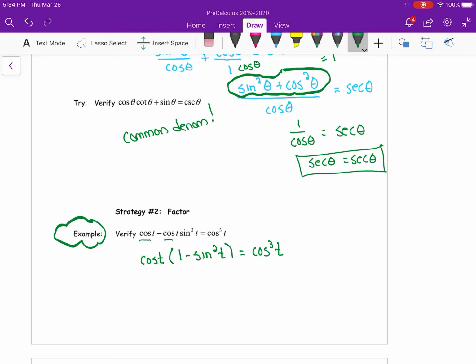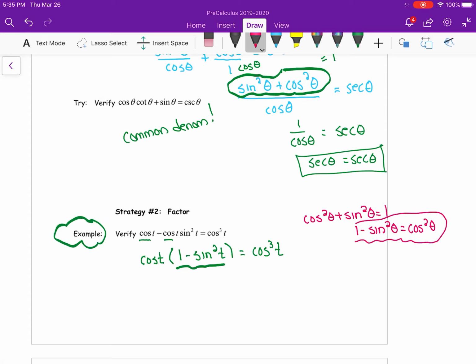And inside, if we remember, cosine squared theta plus sine squared theta equals 1, then 1 minus sine squared theta equals cosine squared theta. So we can manipulate these identities, and we're going to use this right here.